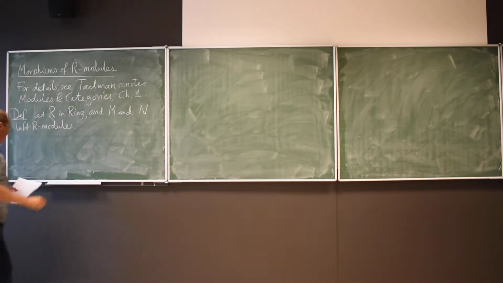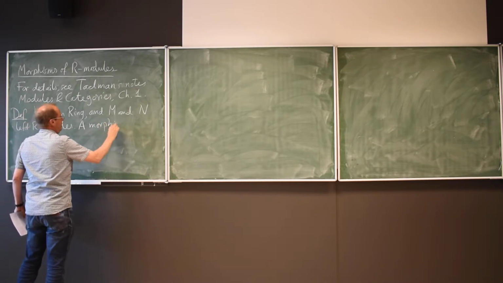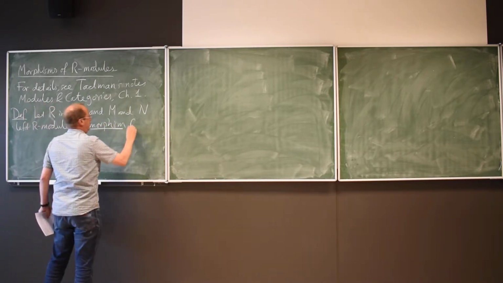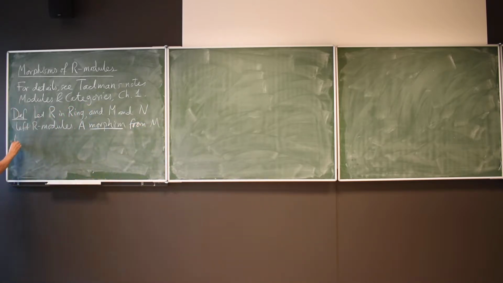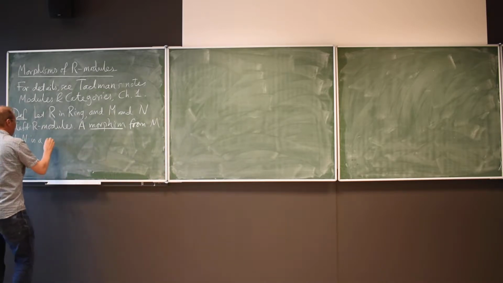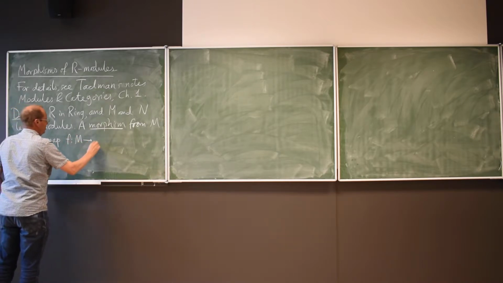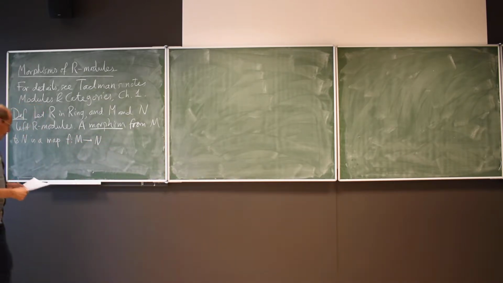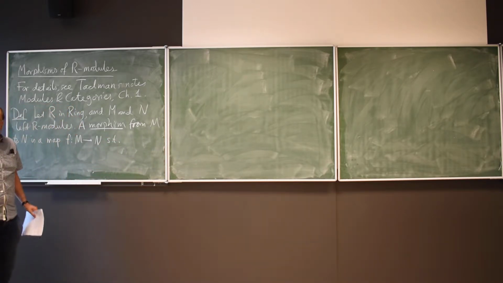Then a morphism from M to N is a map F from M to N, and this has to satisfy a few properties that are exactly the same as what linear maps have to satisfy for vector spaces.